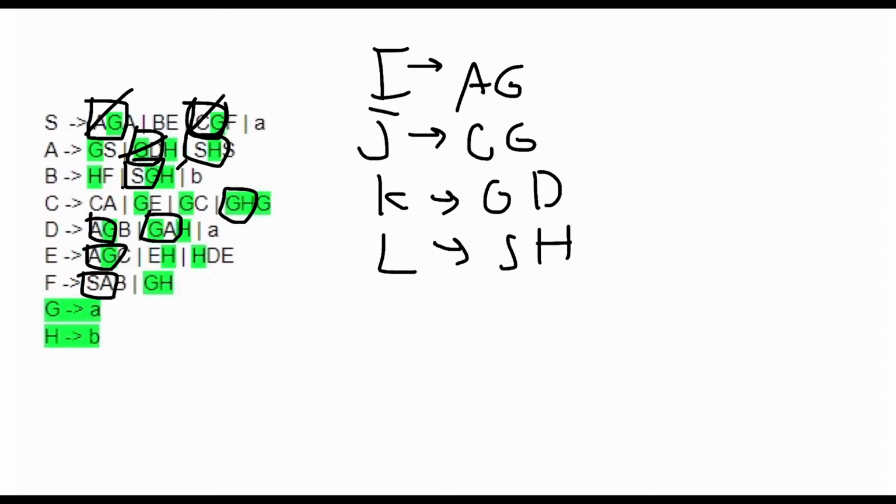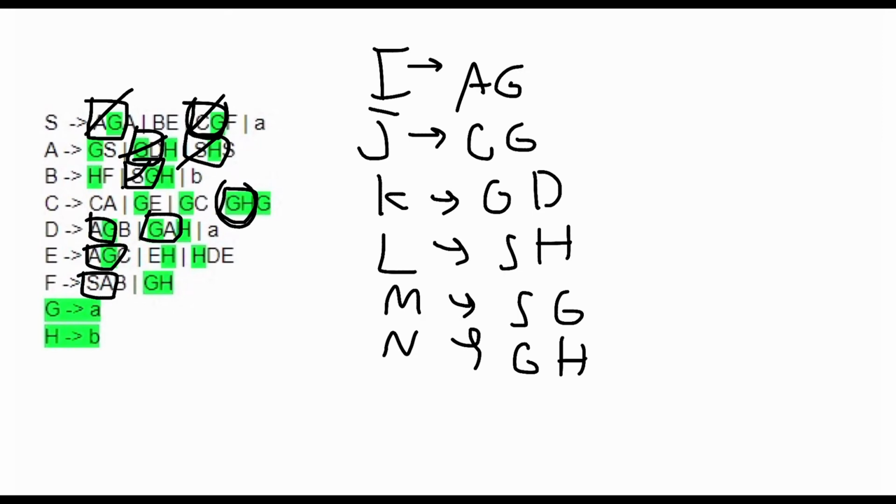Now that one's done, we have SG, so we're going to have M replacing SG. Then we're going to have N replacing SG. We have GH right here, so we're going to replace it with O. What do we have here? So GH is done.